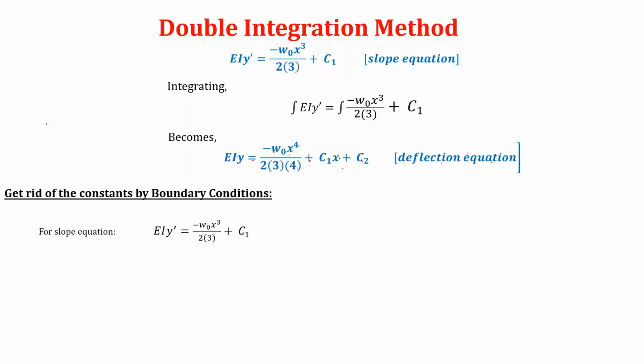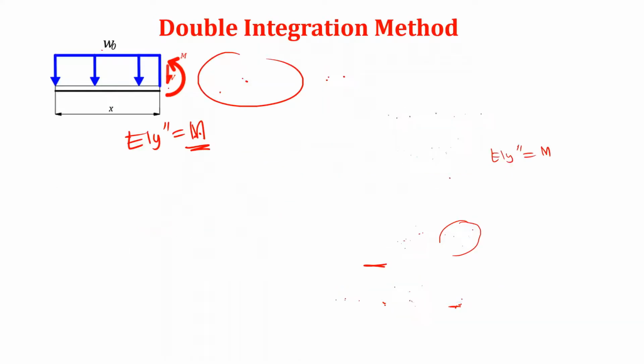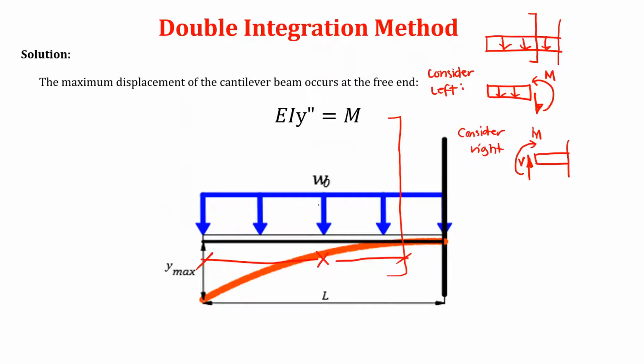For the slope equation, what can we apply? Remember, this is what the beam looks like. It is fixed here, and when it is fixed, there is no slope. Where is the fixed support? Look at the original figure. In the original figure, the fixed support is here.